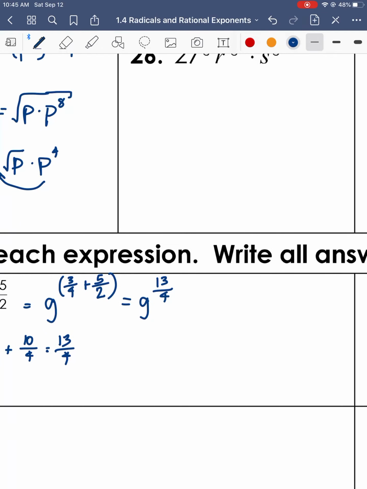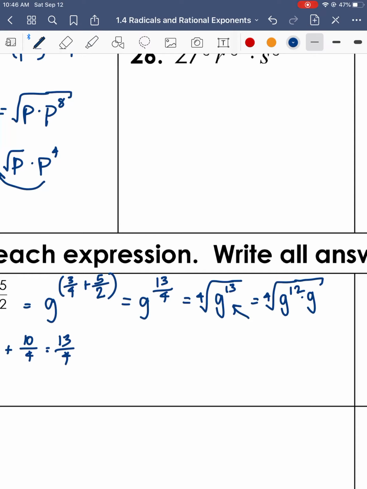Okay, so now we're going to write this in radical form, which is the 4th root of g to the 13th. We need to simplify what's under here. So we can write this as the 4th root of g to the 12th times g, which is equivalent because g to the 12th times g is g to the 13th.